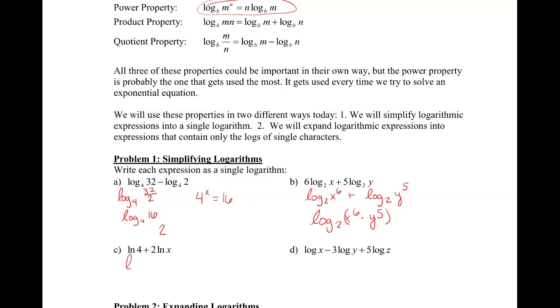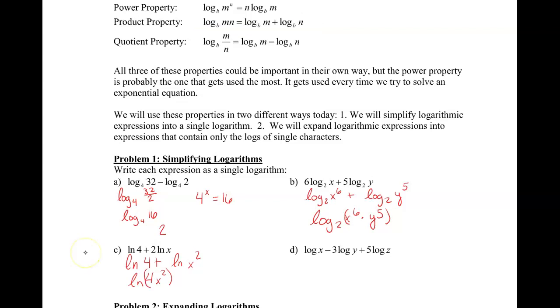So then I should have ln of 4 plus ln of x to the 2nd. Okay, and then since they have the same base of e, it should be just now ln of 1 condensed log using that product property of 4x squared.